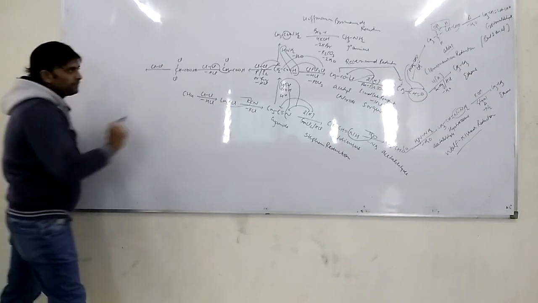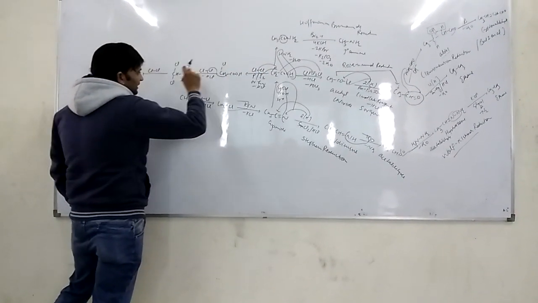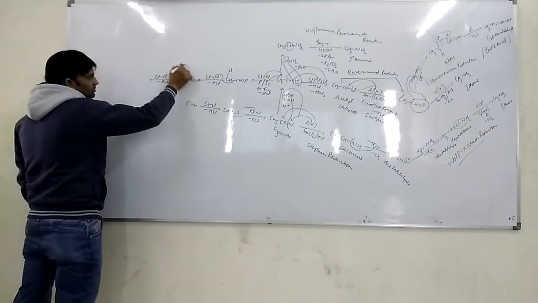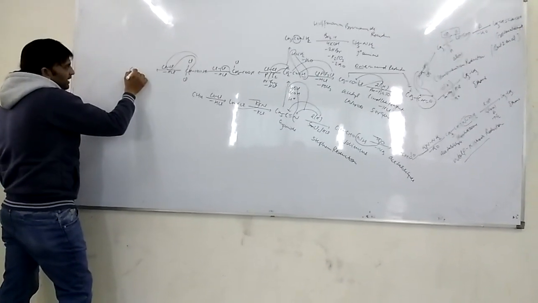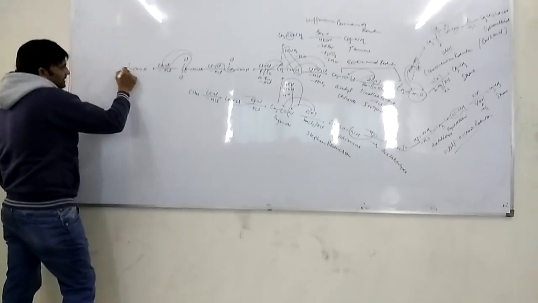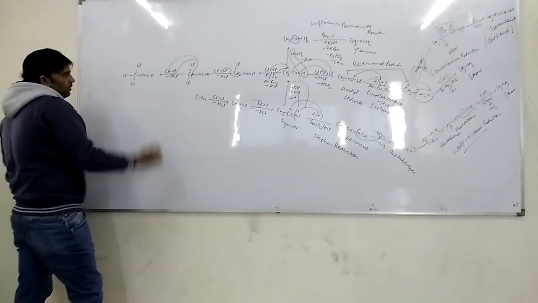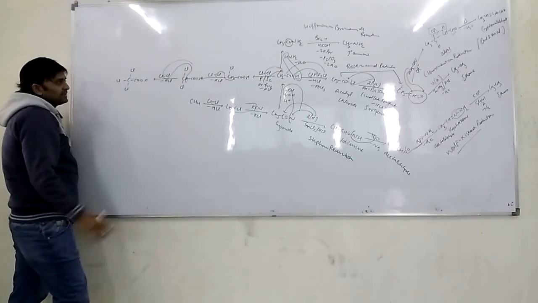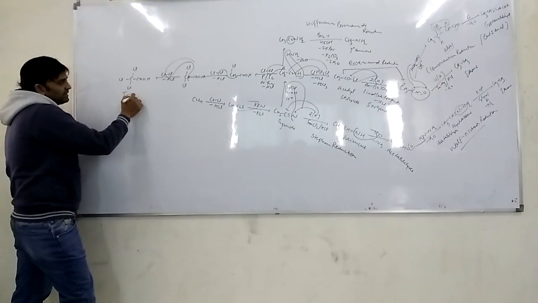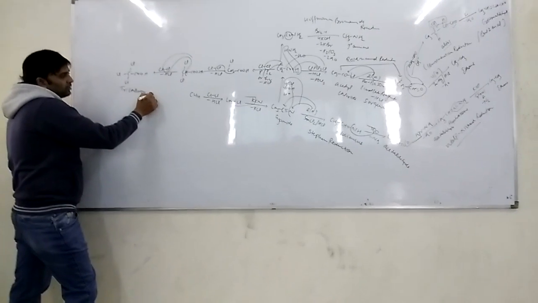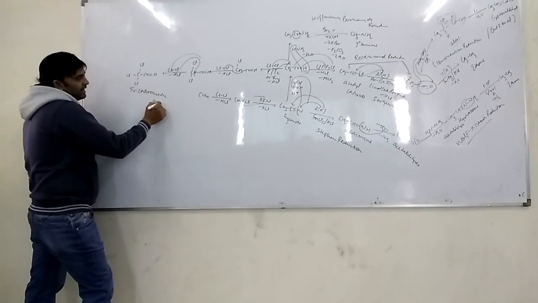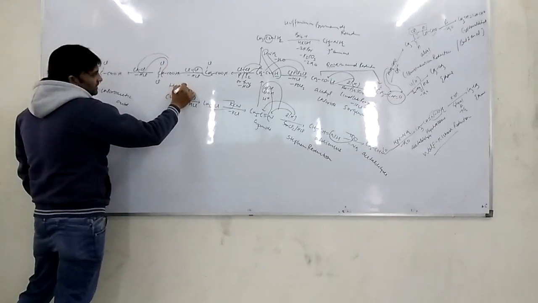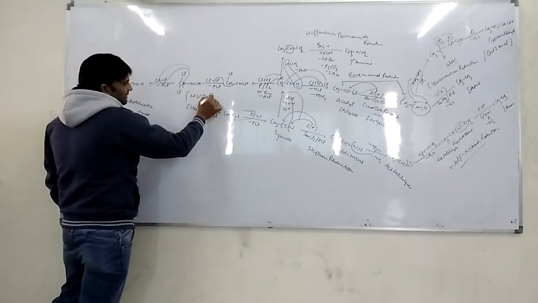Chain reaction means one hydrogen is released, another hydrogen is released, and at last the hydrogen is also released in the form of HCl, and you get CCl3COOH. This is monochloroacetic acid, this is dichloroacetic acid, this is trichloroacetic acid. This is trichloroacetic acid, and this reaction is called HVZ reaction.